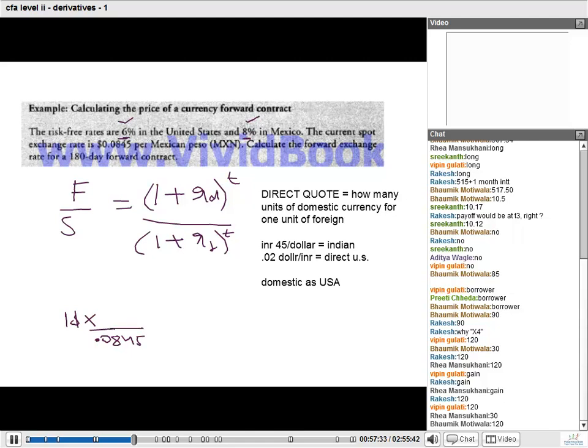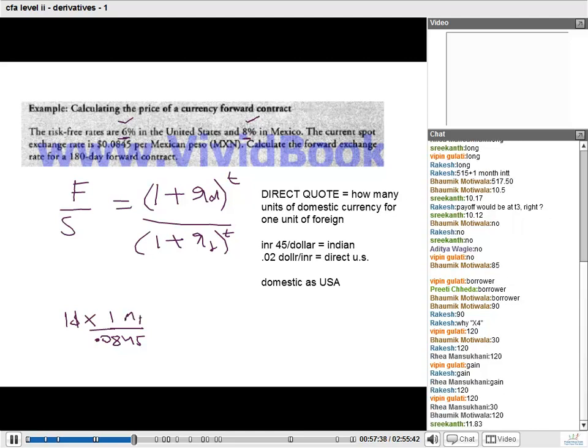So for $1, how many Mexican peso will you get? 1 upon 0.085. This money you should invest at the rate of 8% for a period of 6 months. It's a 180-day contract. So for a period of 6 months, invest this Mexican peso.